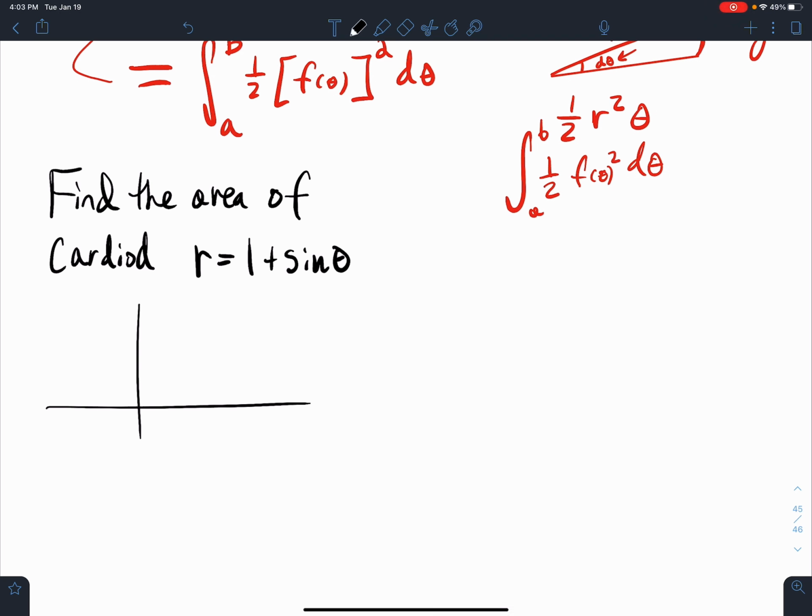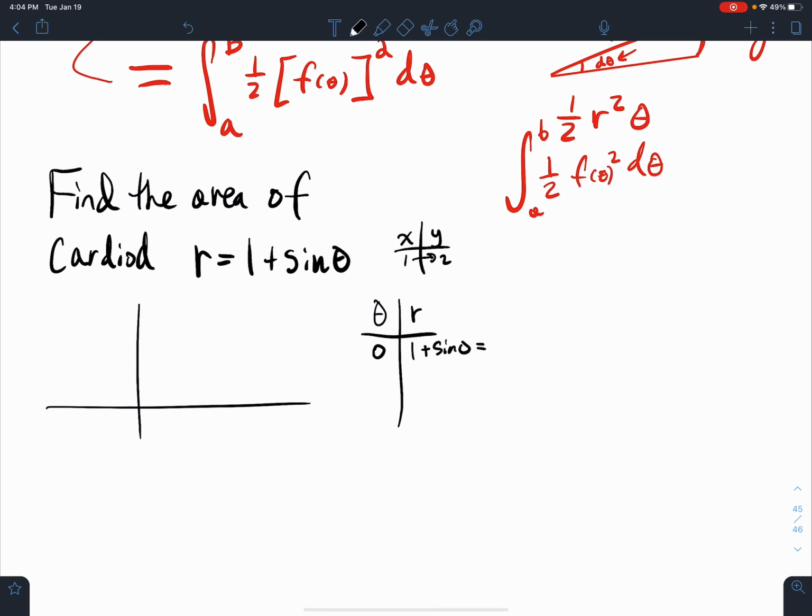Well, at theta equal to 0, so if I think in the old sense of xy, right? The x input spits out the y value, right? So if I think of it in that sense, then theta tells me what r is going to be. So at theta equal to 0, so if I have an angle equal to 0, I'm on that terminal axis here, okay? And if I plug in 0, I get 1 plus sine of 0.